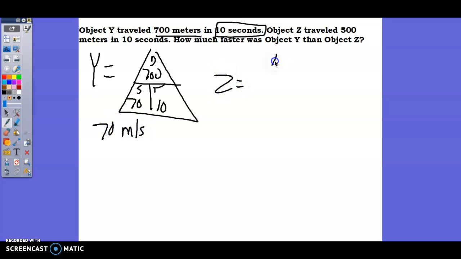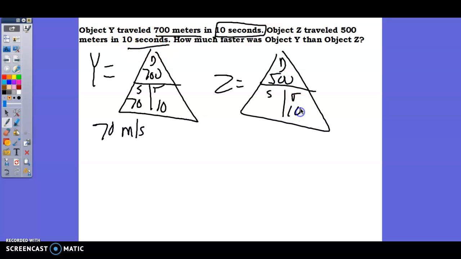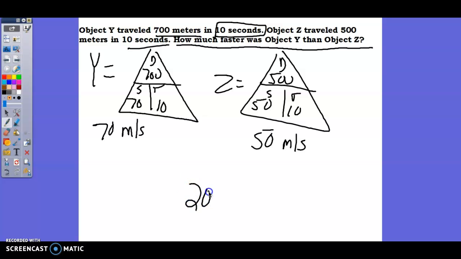Object Z. Distance, speed, and time, 500 meters in 10 seconds. 500 divided by 10 is 50. This one's going 50 meters per second. But it says, how much faster was object Y than Z? Well, how much faster is 70 than 50? 20 meters a second.